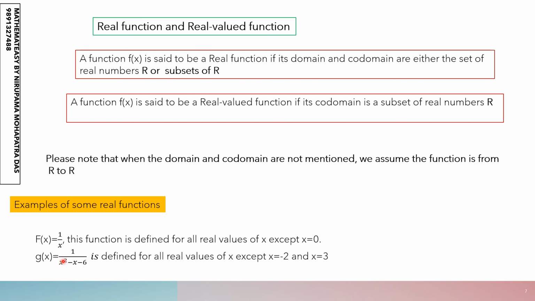So g(x) is defined only when it is not 0. Except for the values of x where the denominator is 0, you can take all other values. So when x equal to minus 2 and x equal to 3, g(x) won't be defined. You can say it is defined for all real values of x except x equal to minus 2 and x equal to 3.